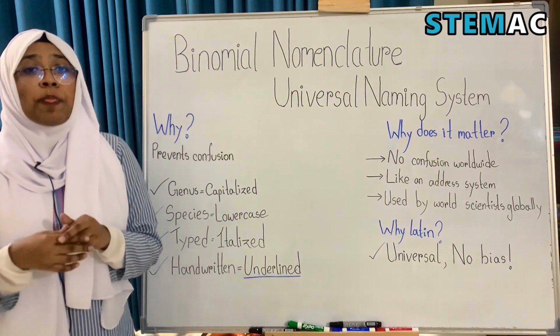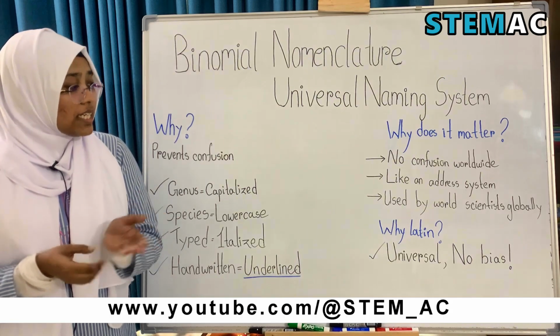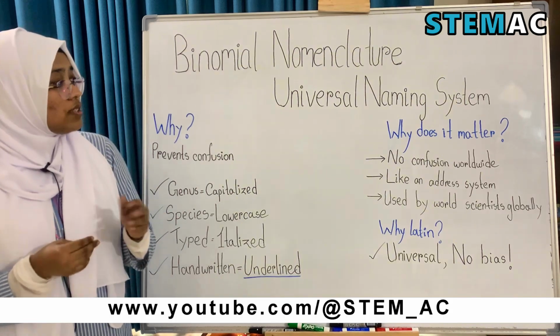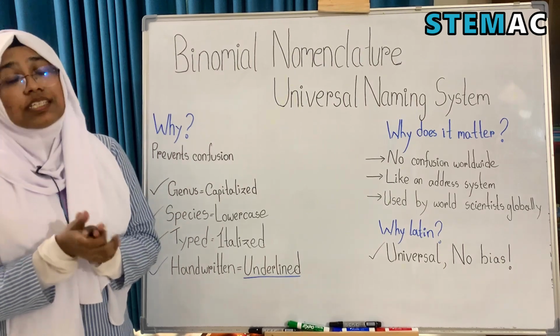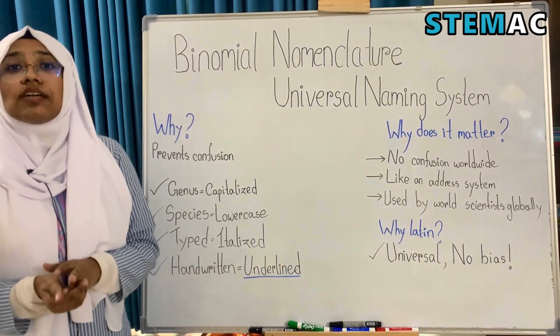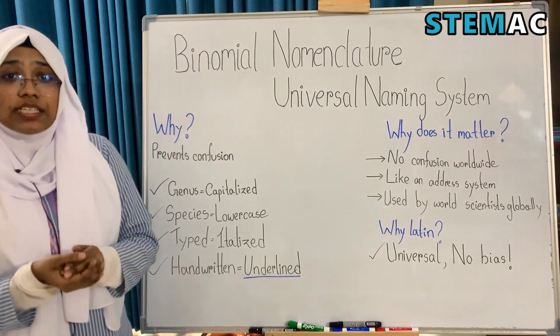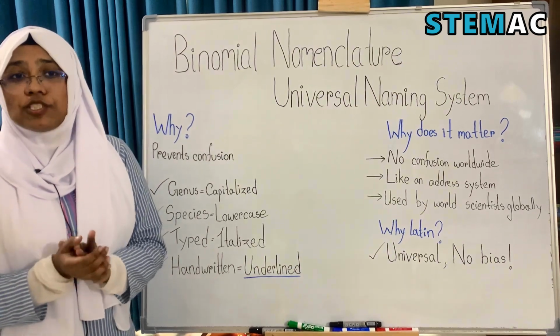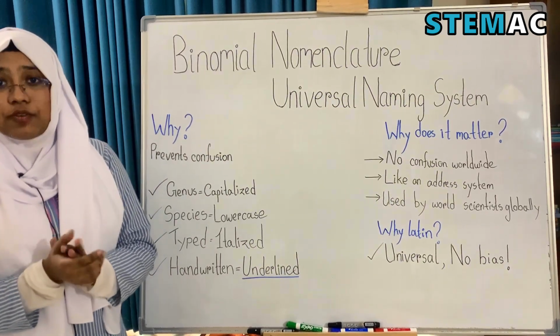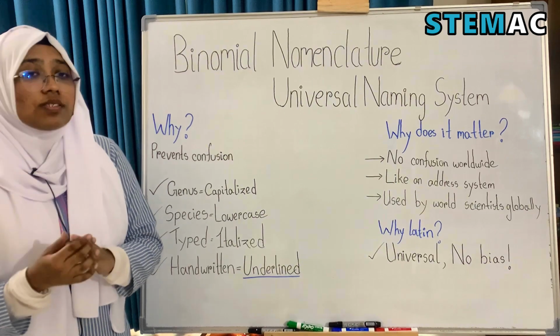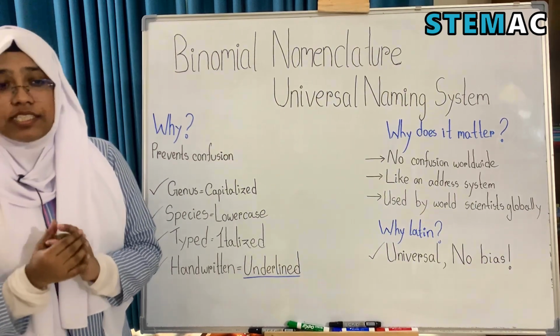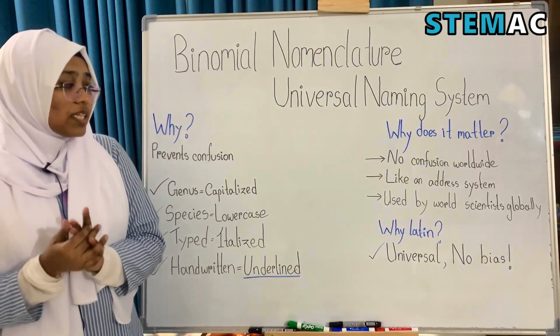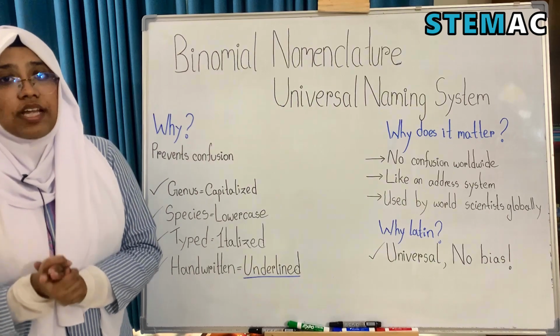That is why Carolus Linnaeus started this naming system using Latin, and right now it is the scientific language. Every single scientific term is now used in Latin. So, we cannot say that it was any bias, it is just a universal language.